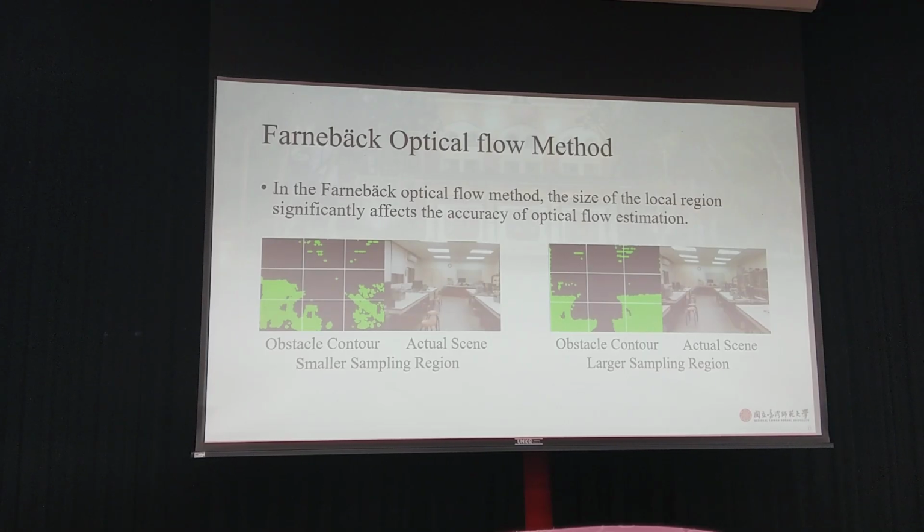The size of local regions strongly affects accuracy. A smaller sampling area provides finer detail, but may be noisy, while a larger area offers smoother flow but can lose precision around edges.